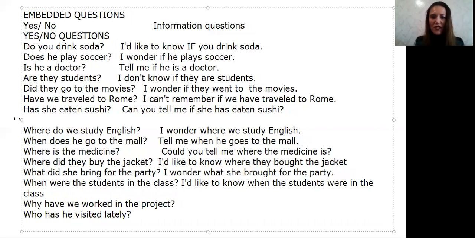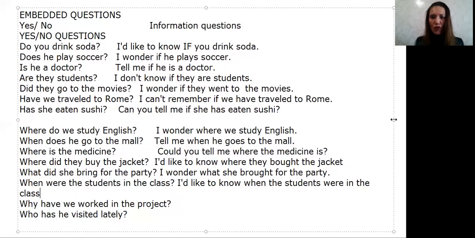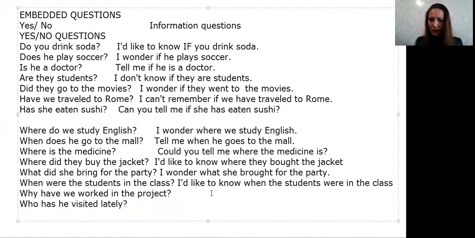So this is what is different when we are transforming a sentence here. I'd like to know when the students were in the class. And because I have this complement, then of course the verb be finishes or is there before the complement of a sentence, okay?